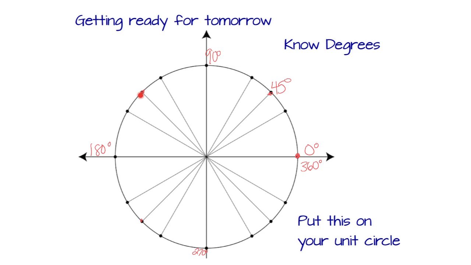Add another 45, and you're going to be at 135 degrees. Add another 45, and you're at 180. 180 plus 45 takes me to 225. Straight down is 270. And then another 45 would take me to 315 degrees. So those are all of your 45 measurements.